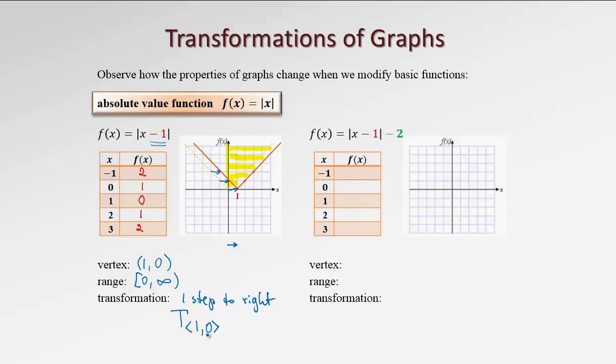But this time it is just 0 steps vertically. So a vector 1, 0 is actually this vector. One step to the right, 0 steps up or down. I like to use this notation because it's more concise and we don't have to write too much. All the information is already here. So this capital T with the vector 1, 0 denotes the translation by the vector 1, 0. That means by this vector.